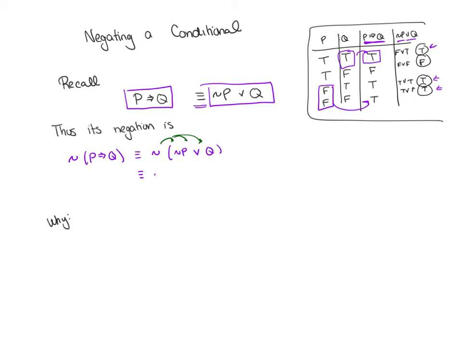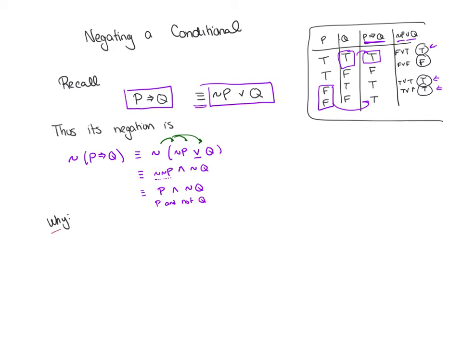So I get not P. The negation of an or becomes an and, then we get the negation of the Q. Now if you have the negation of the negation, it swaps true to false twice, so it's back to where it started. So that's the same as P and not Q. So we get that P and not Q.